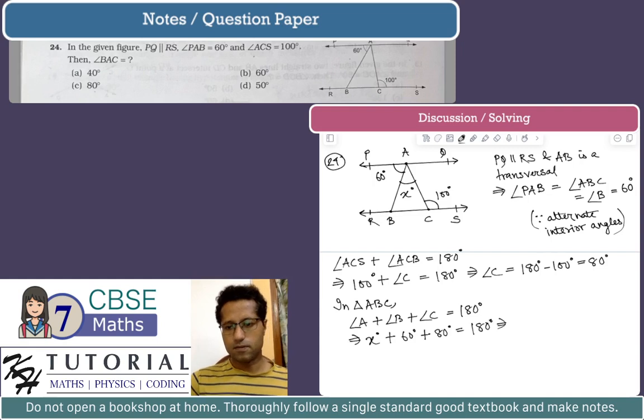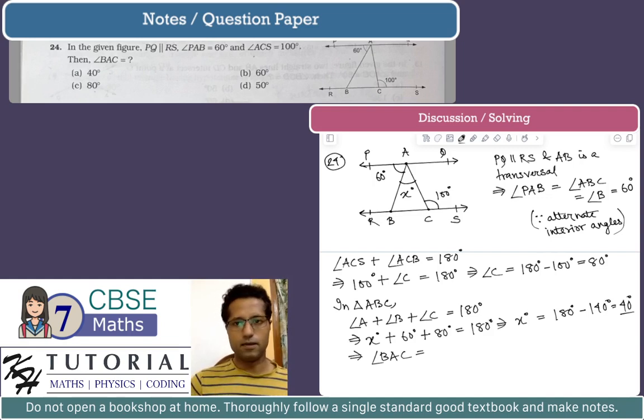This implies x degree is equal to 180 degree minus 140 degree, which is equal to 40 degree. So x degree, which is nothing but the angle BAC that has been asked, is 40 degree. So the correct choice is A.